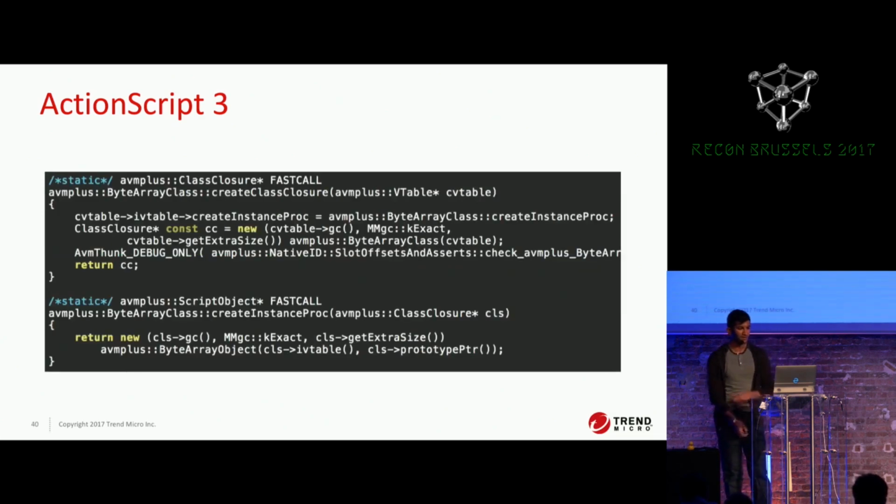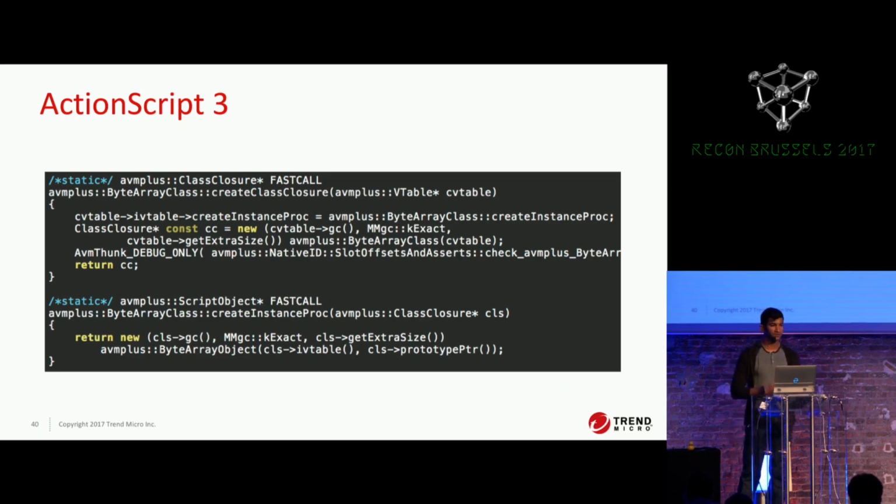One of the last things I did, probably a month and a half, maybe a month ago, was this: because I'm parsing all the class structures, I have access to the class closure creation functions, basically all the functions in AVM Plus generated code that have the name create class closure.